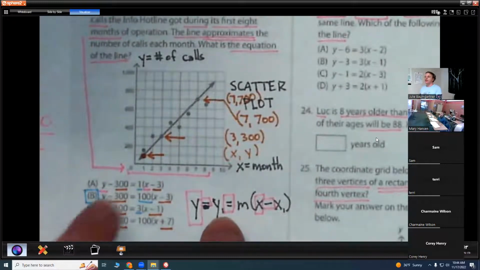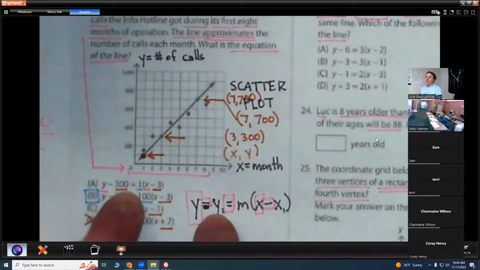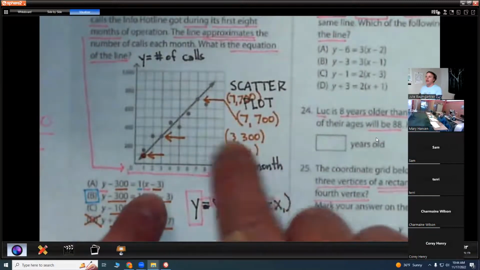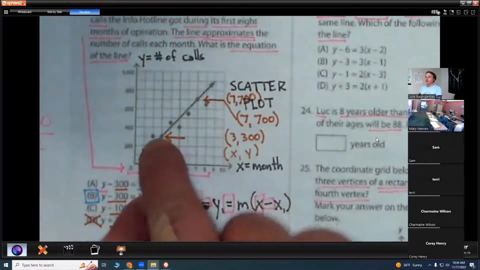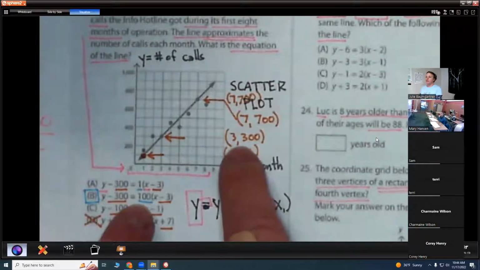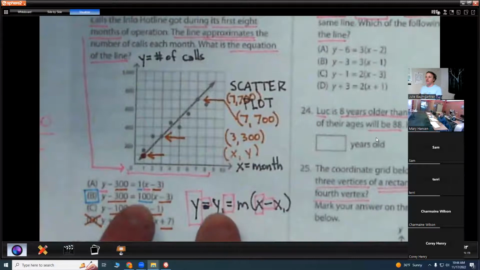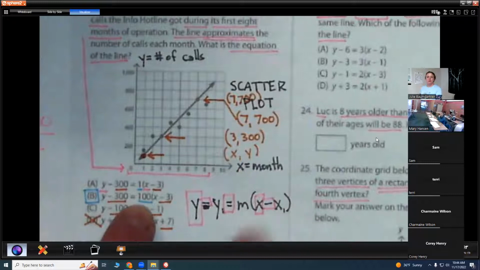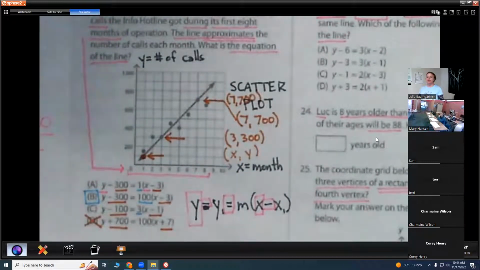The Y1 is the value of one of the Y values on the point. So 3,300 is one of our points on the line. And so when I write the equation of the line and I'm using that point, then the 300 goes into the Y1 spot and the 3 goes into the X1 spot because that's a known point on the line. Did that help at all?